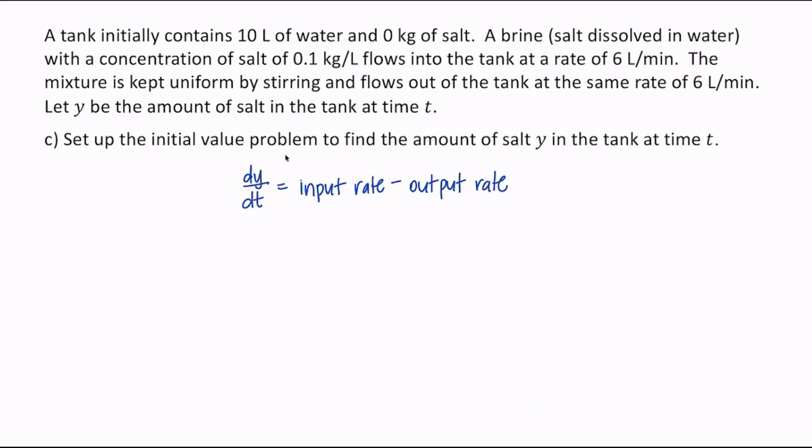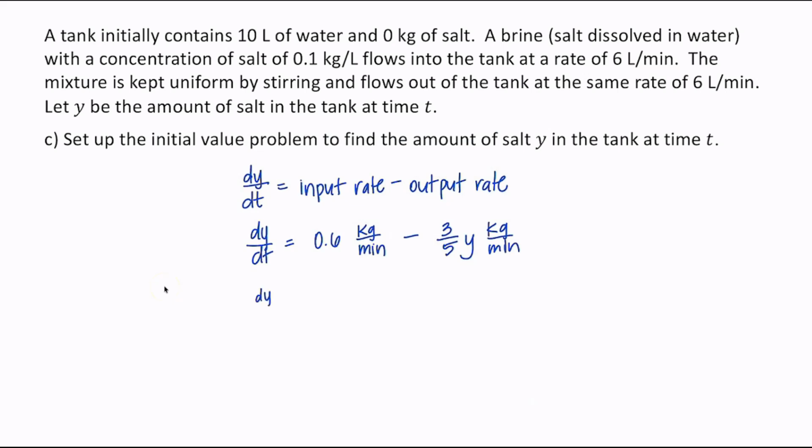Well, we just calculated that the input rate was 0.6 kilograms per minute, and the output rate was 3/5 y kilograms per minute. Let's recognize that 0.6 as a fraction is 3/5.